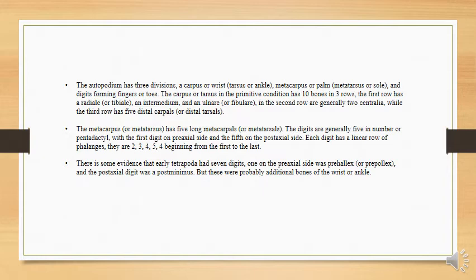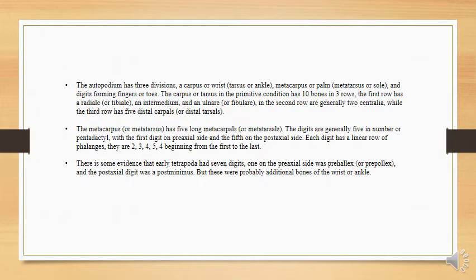The digits are generally 5 in number, or pentadactyl, with the first digit on the preaxial side and the fifth on the postaxial side. Each digit has a linear row of phalanges. They are 2, 3, 4, 5, 4, beginning from the first to the last.